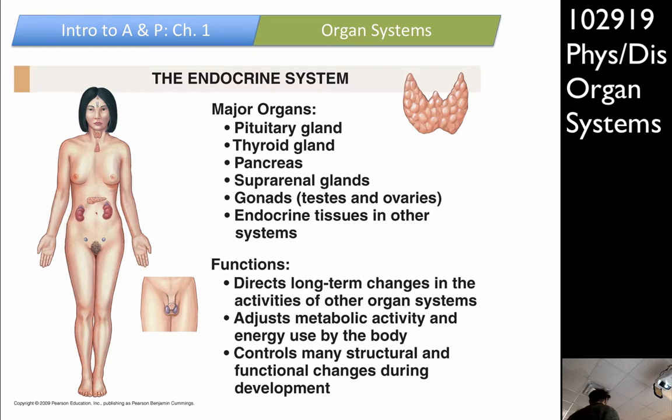So let me give you some directional terms. We're looking at the anterior surface. If I flipped her around 180 degrees, we'd see the posterior. Anything close to the midline is called medial, and anything moving away from it is moving lateral.